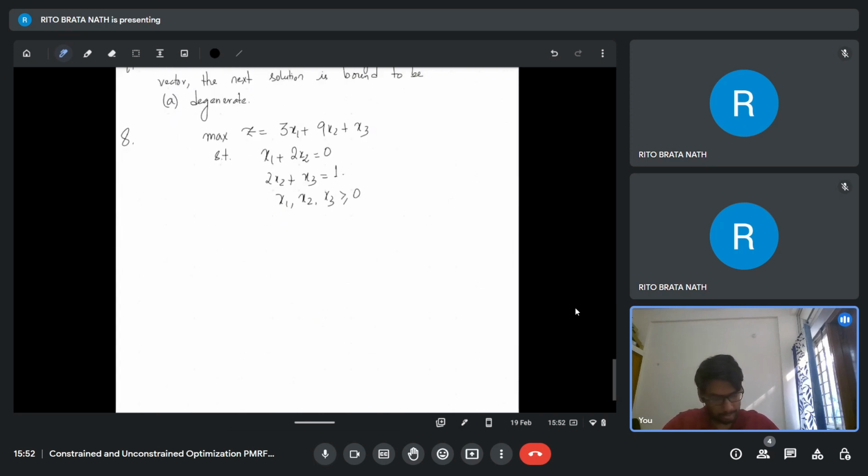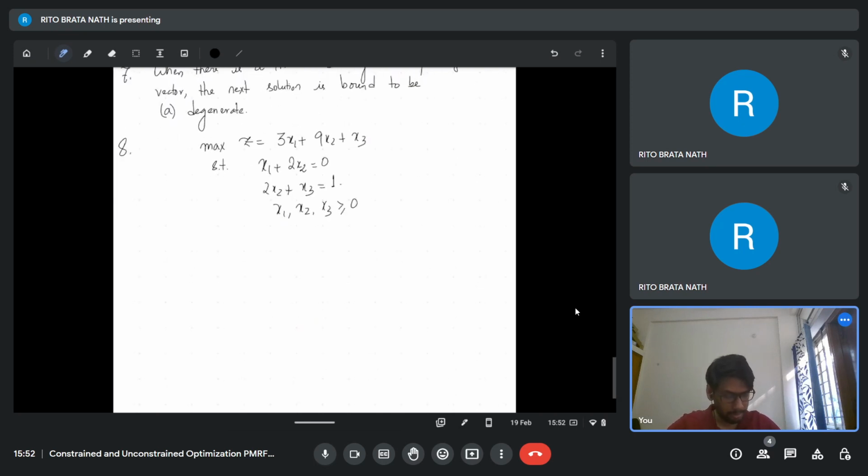Now, if you can notice, x1 and x3 don't appear in both the equations. So what you can do, x1 equals 0 and x3 equals 1. So that's the initial BFS. But x1 is a basic variable and it is 0. So that's stage 1 or type 1 degeneracy.